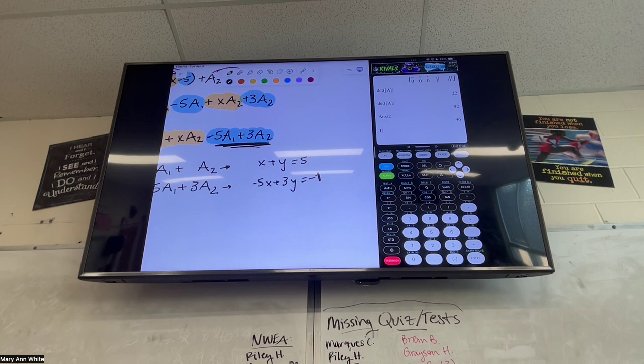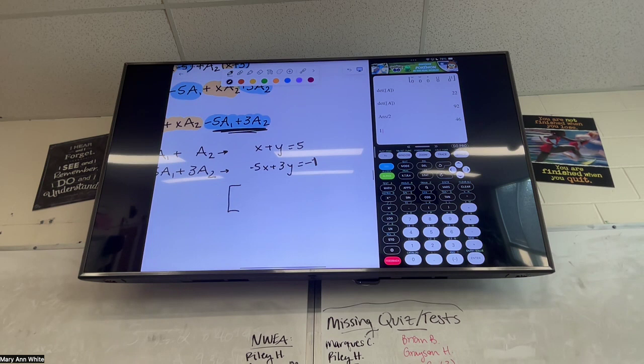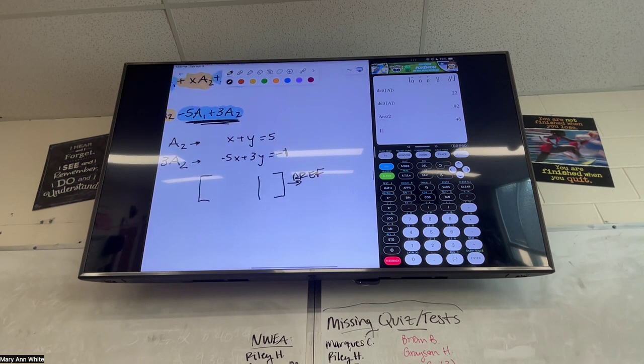You could substitute, you could eliminate, you could do the inverse method, we could do Cramer's rule. However, what I think I'm going to do is reduced row echelon form. I'm going to make this an augmented matrix, and then I'm going to hit REF in the calculator, and it's going to pop out my answer. If I make this an augmented matrix, I get this.